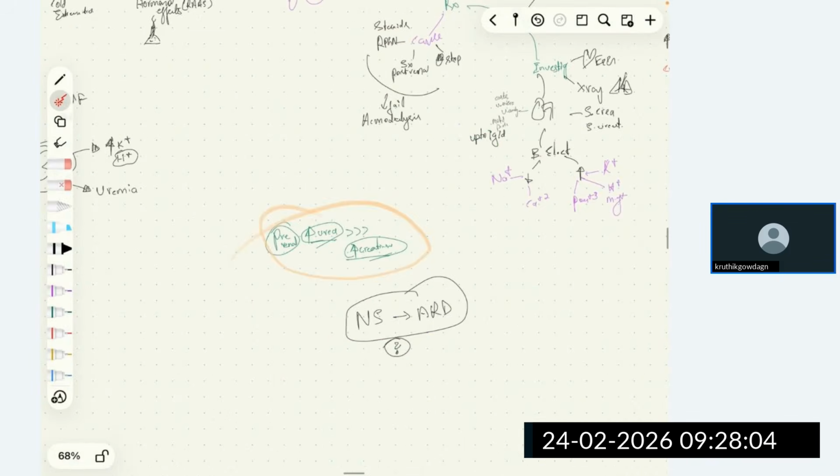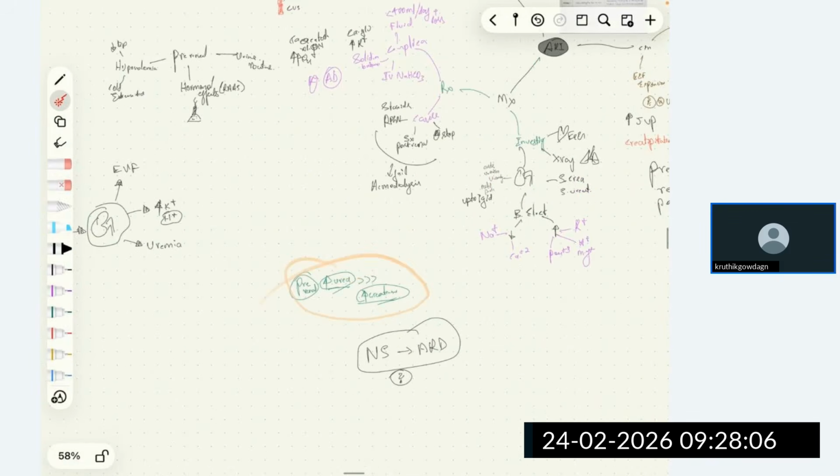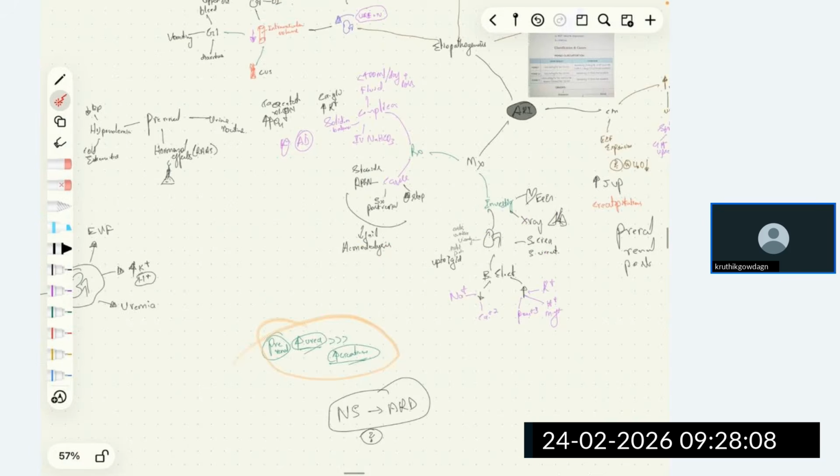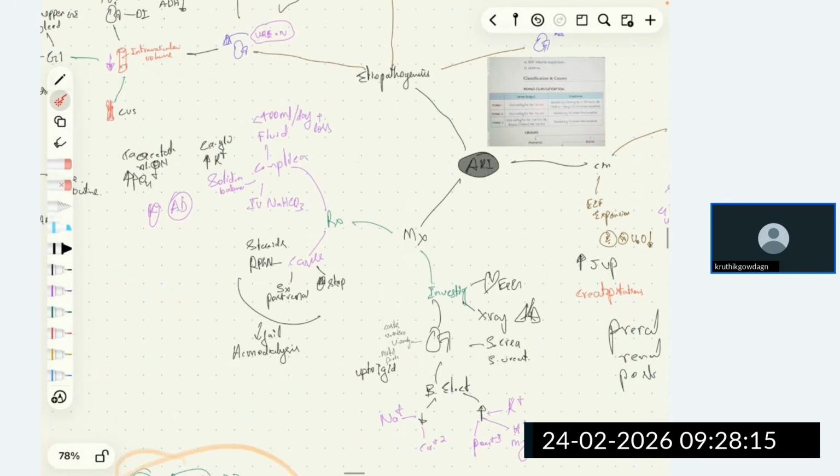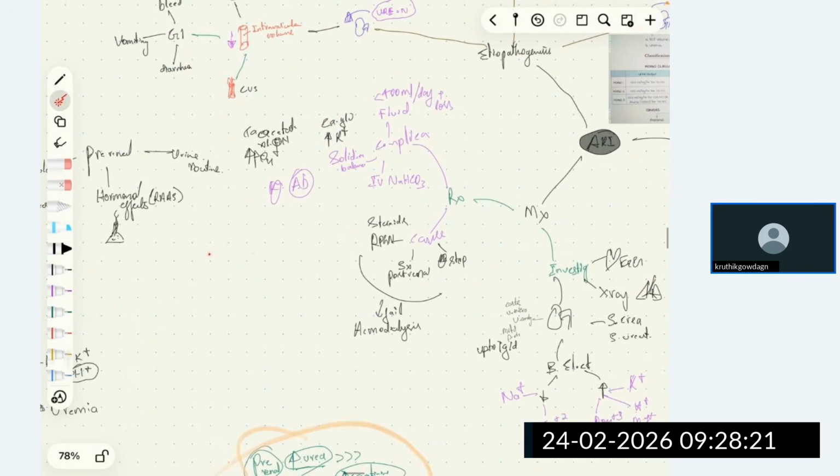Let's see how to treat acute kidney injury. The management of acute kidney injury. First one is management of fluid overload. The fluid overload should be managed by restricting the salt intake to less than 2 gram per day, and then we can use judicious fluid management.